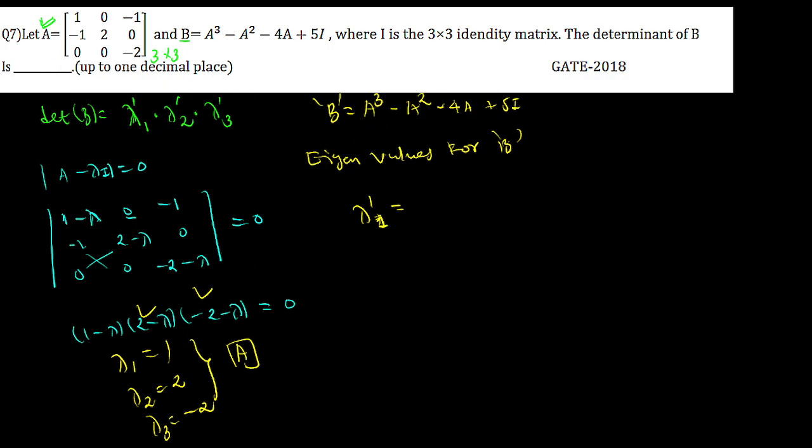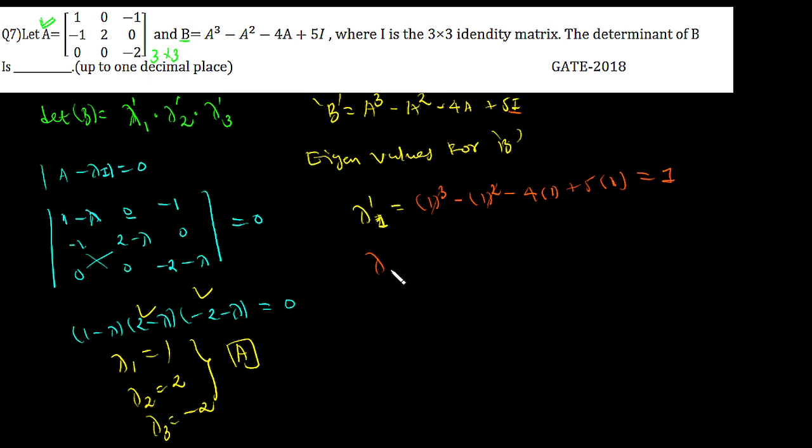So I can write 1 cube minus 1 square minus 4 times 1 plus 5. Now, an identity matrix of any order has eigenvalue 1, so we can replace I with 1. Let's simplify it. This 1 will cancel, and 5 minus 4 gives plus 1. So the first eigenvalue for matrix B is 1.